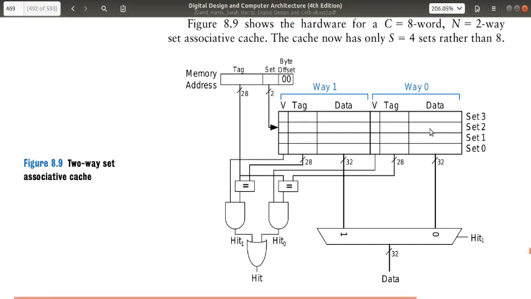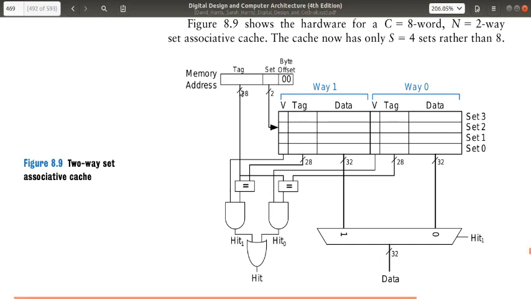Earlier in direct mapping, the problem was the lack of flexibility. But in multi-way or n-way associative mapping, there is this flexibility. So for this specific example, once the set is fixed, how do we check whether a specific data word, which is supposed to be stored in a specific location, is there in the cache or not?